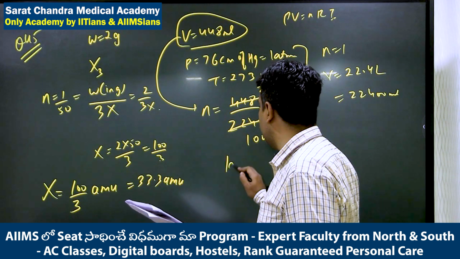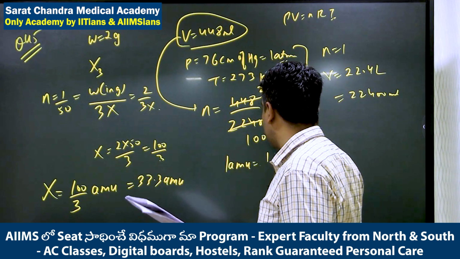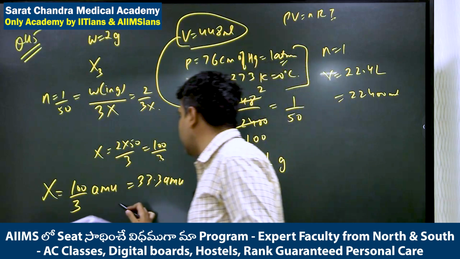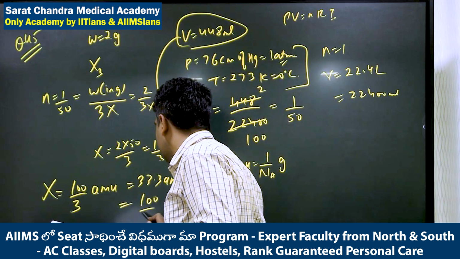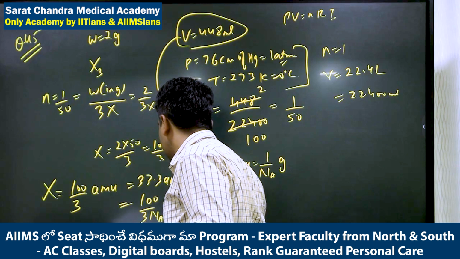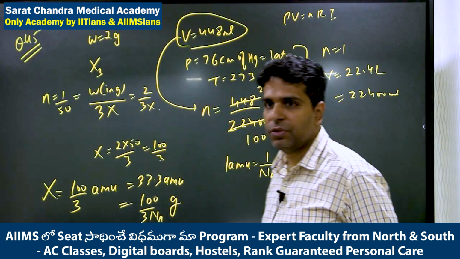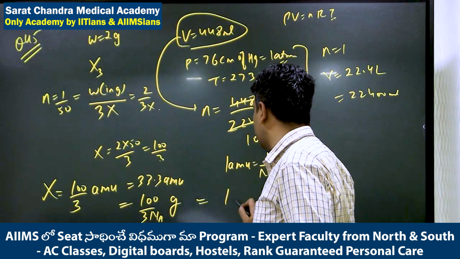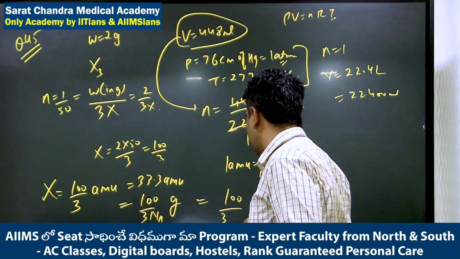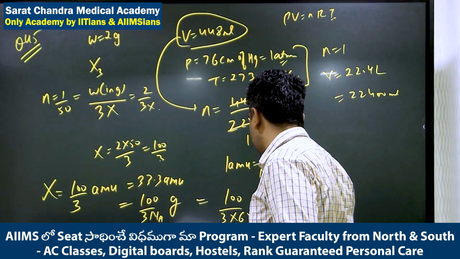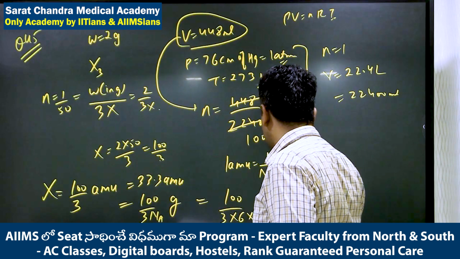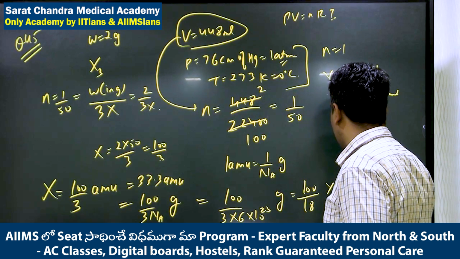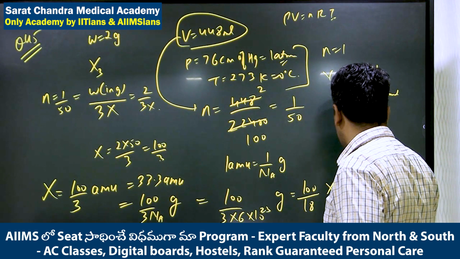So 1 AMU is 1 by NA grams. So using this, you can write down 100 by 3 AMU is 100 by 3 NA grams. So this is the mass in grams, right? So we are converting AMU into grams. So NA value you can take 6 into 10 to the power 23. So this will be how much? 100 by 18 into 10 to the power minus 23 grams.